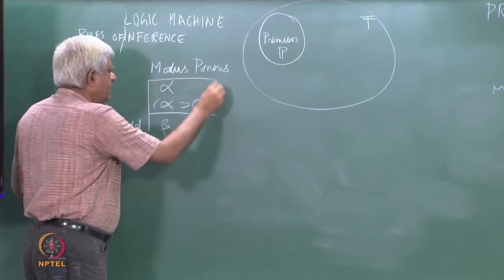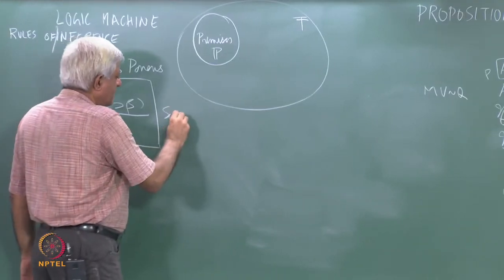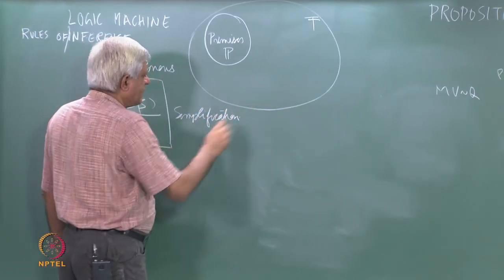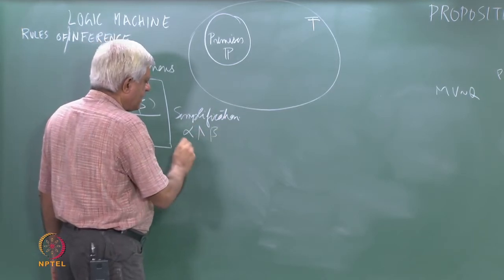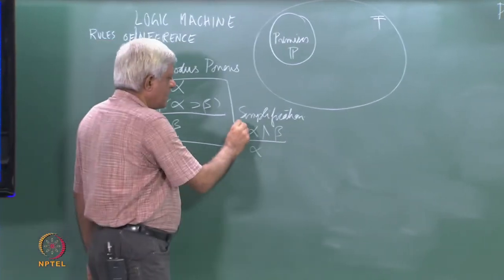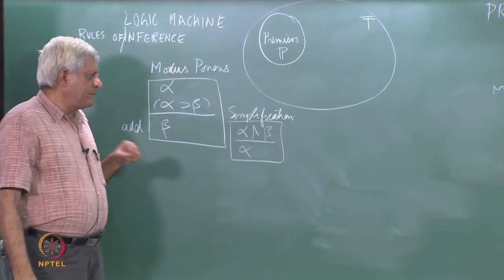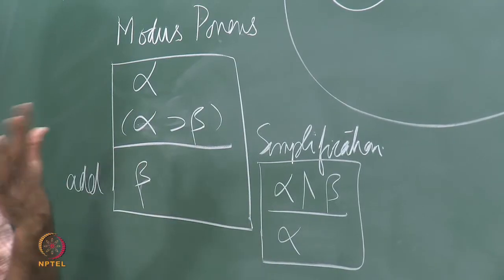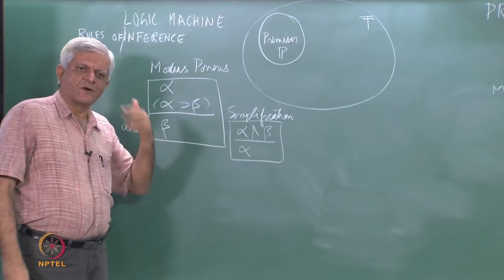There are many others you must be familiar with. So, one rule is called simplification, which we will need for this. It says if you can see a sentence of this kind, then you can write a sentence of this kind, alpha. So, notice that once we have rules like simplification, we do not feel compelled for somebody to give us the set of all atomic valuations for all atomic propositions.